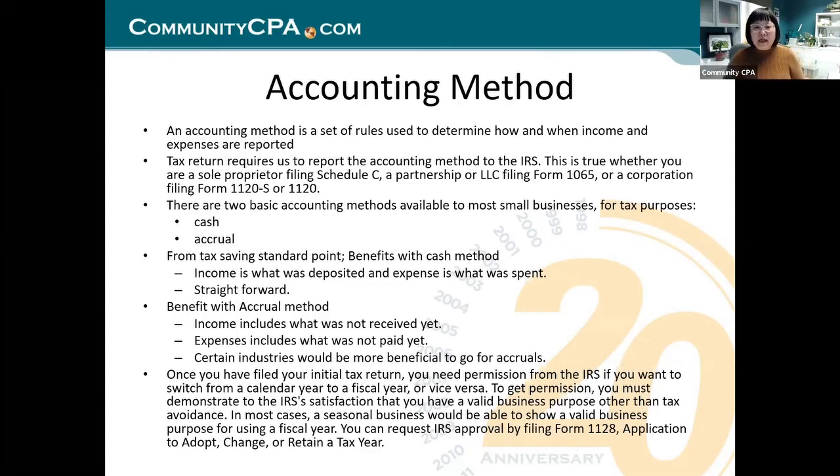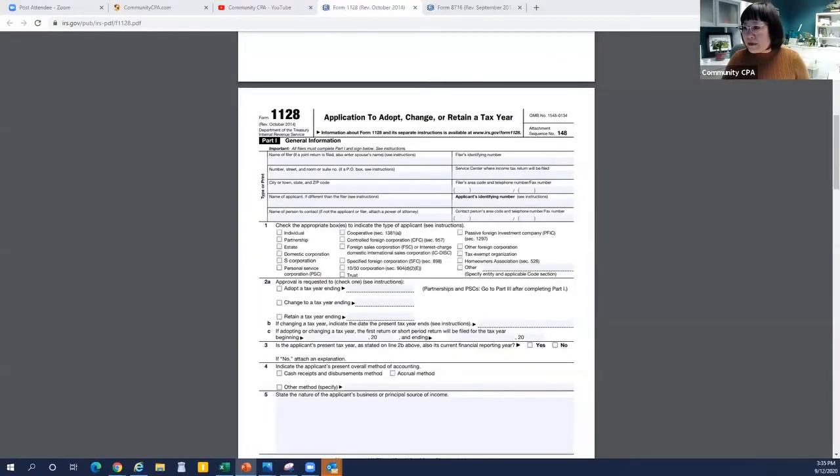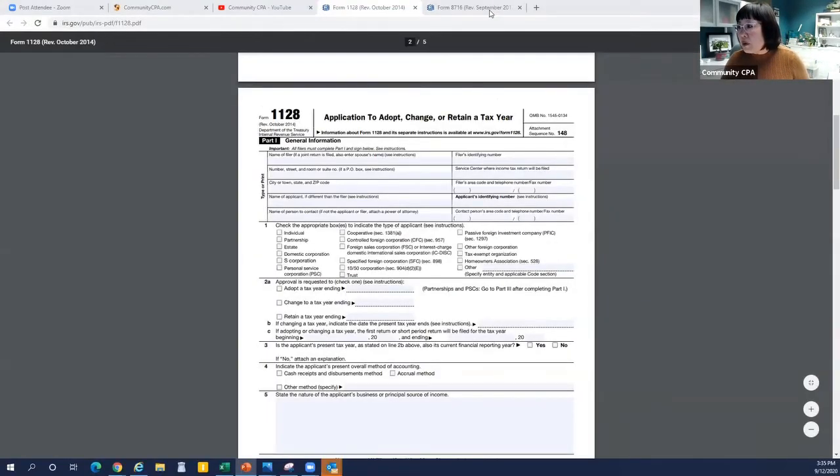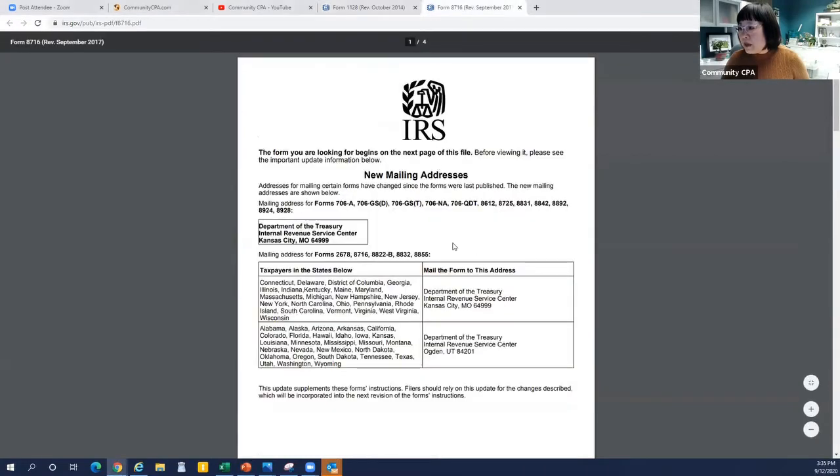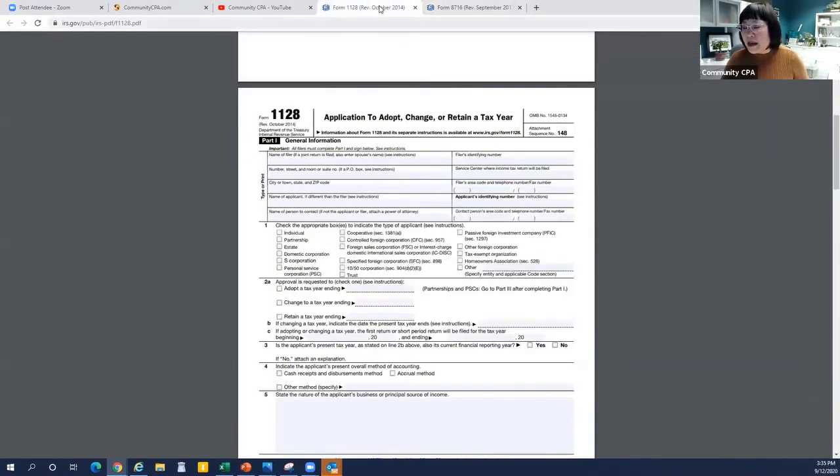Okay, now let's go to my website, and I want to show you the two forms the IRS needs to change an accounting method. Remember I mentioned earlier that sole proprietors on the 1040 are always on cash and cannot change.